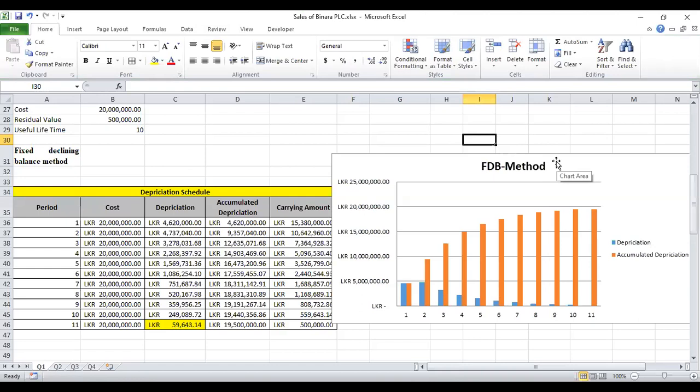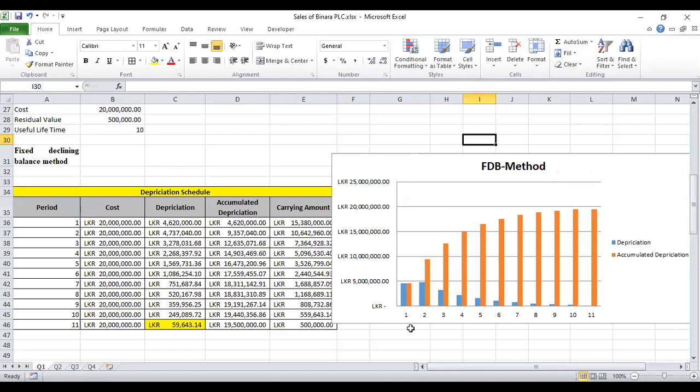For example, when it comes to this plant, at the initial period, you may be expecting a higher output, say 20,000 units or something. But in the second year, you may be expecting something less, say 15,000. So likewise, when the asset ages, gradually your usage of the asset decreases. And I believe that in most assets, that would be the reality.